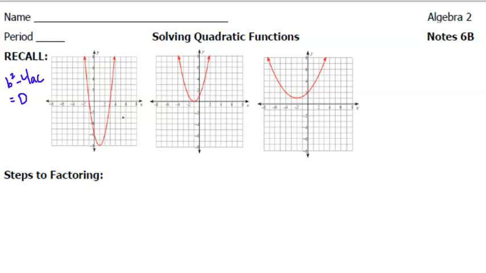Solving quadratic functions. Let's recall that the discriminant is b squared minus 4ac. When the discriminant is larger than 0, a positive number, we have two unique real roots.